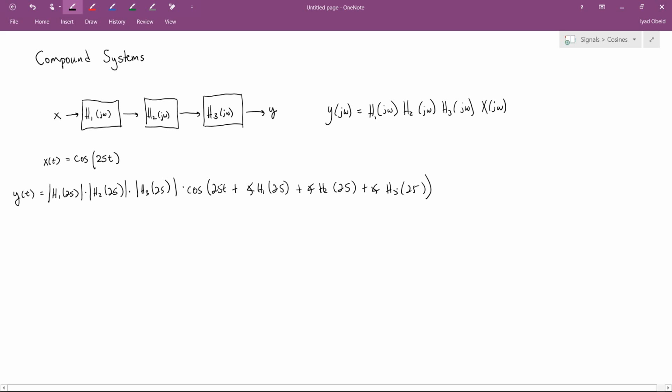That was a mouthful. All right, so you get the idea. You're constantly multiplying the magnitudes and adding the phases.